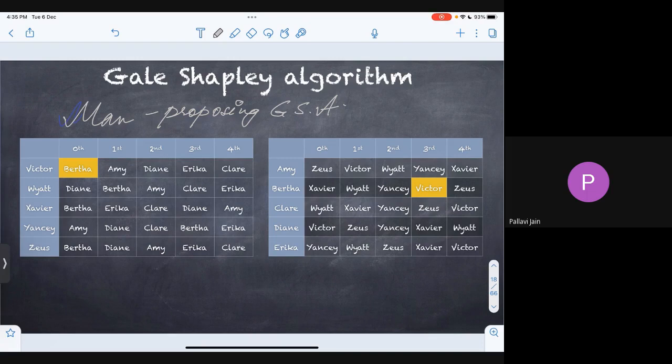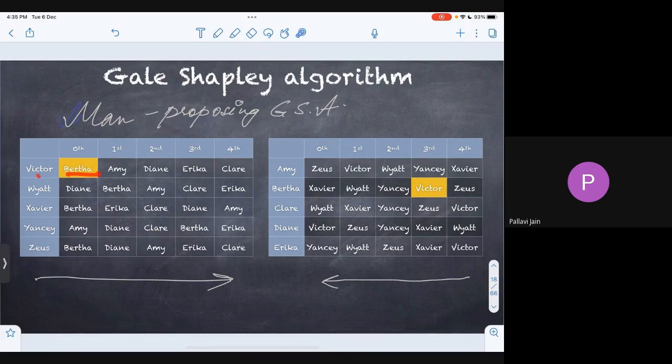Subsequently, as they receive more proposals, they compare their current match with the proposal they have just received. If they like the new proposal more than their current status, then they reject the current one and move. So the men, because they are proposing, are moving down their list, and the women who are receiving proposals are moving up their list. That's the basic mechanism here.